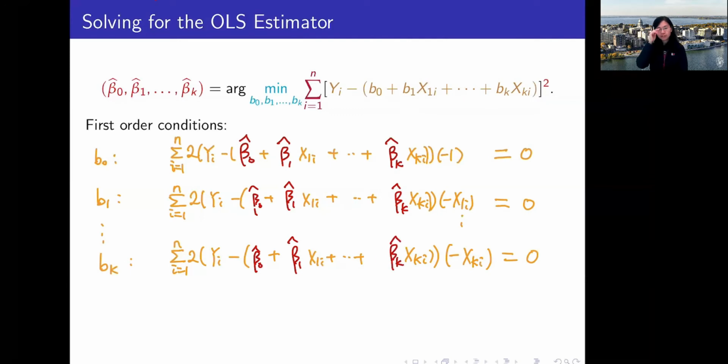All right. Before solving this system of equations, I want to simplify it a little bit. Now notice that this constant multiplier doesn't matter, so I can cancel those out without affecting the solution to the problem.